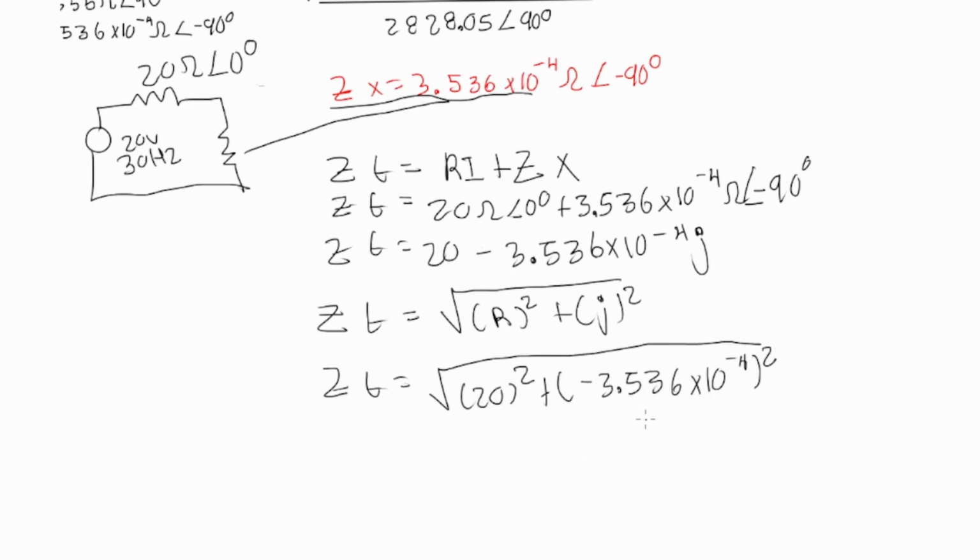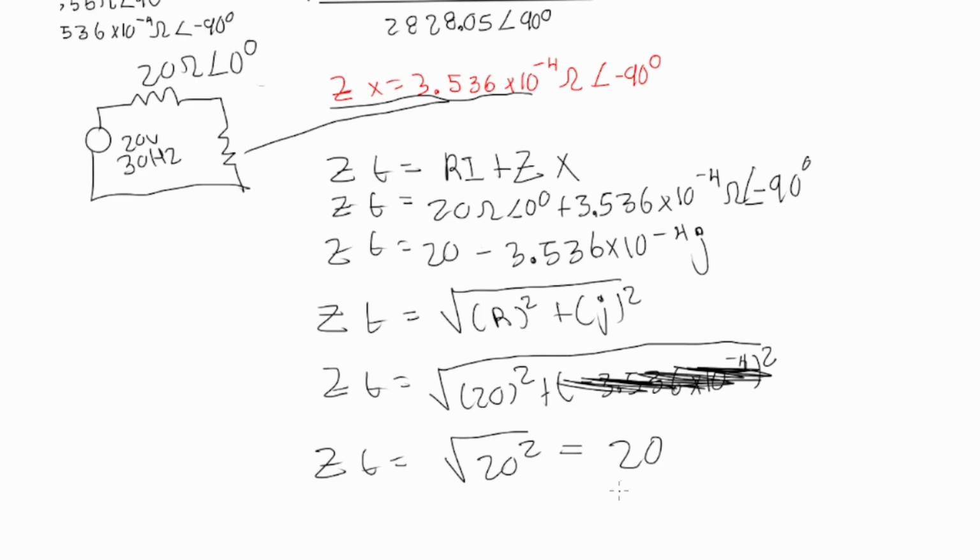Here we can say that since this is a very small value, it will even get smaller when we square it, so we can just get rid of this because it won't make any significant difference in the final result. So we can say that the impedance value will equal this. So we cancel the square root with the exponent. The impedance value will equal 20. Remember, we got rid of this because it's such a small number that it won't make any difference.